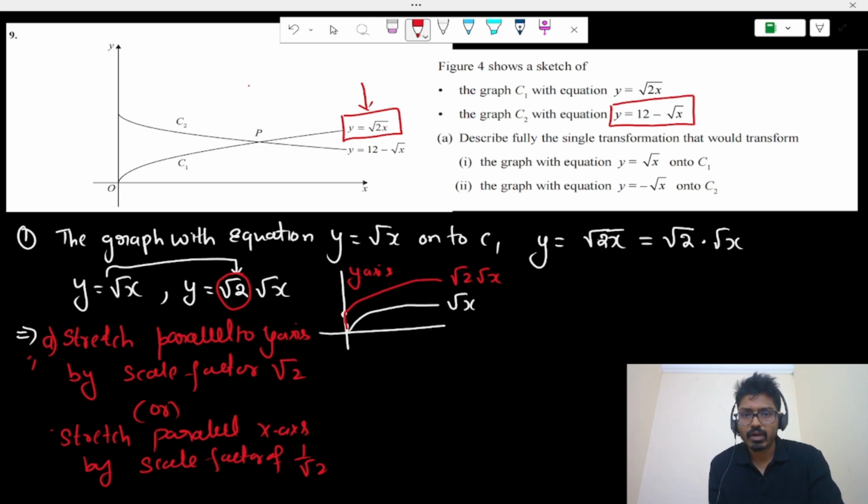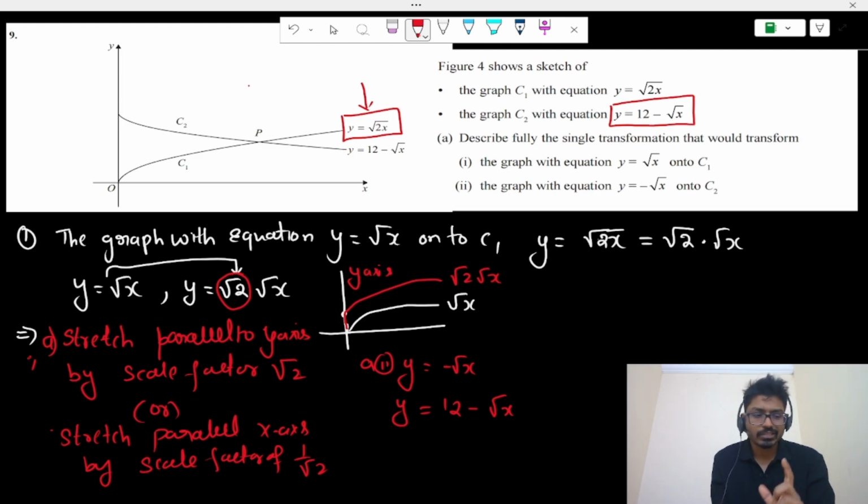For the second part, they have given y equals negative root x, and also y equals 12 minus root x. Here we can see it is added with 12, which means the translation is shifted 12 upwards.